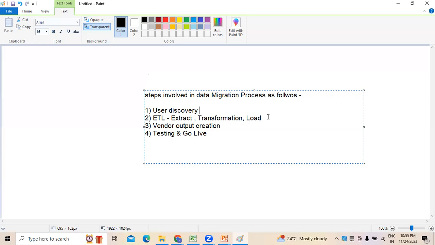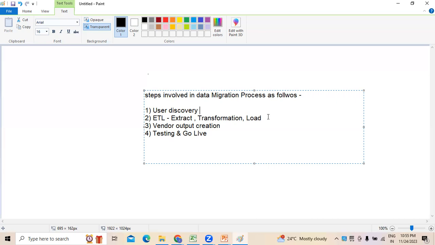Understood, madam? So these are the 4 steps involved, especially whenever we are working on the data migration process.